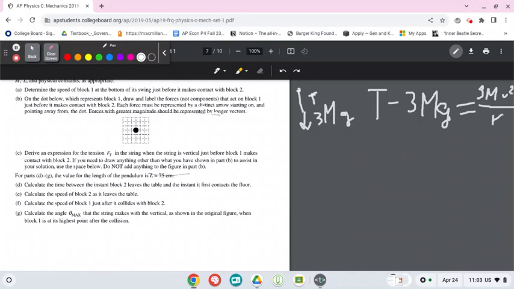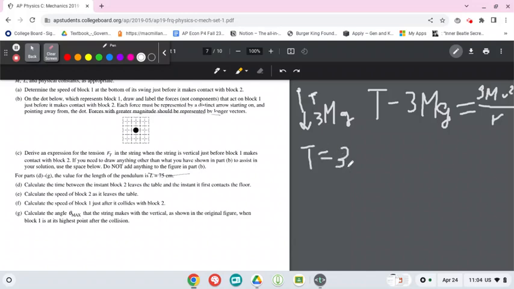Okay, so well, we know the velocity just before block 1 hits block 2. We just did that. It was the square root of 2gL. So we can just plug that in. So we move everything over to the other side.